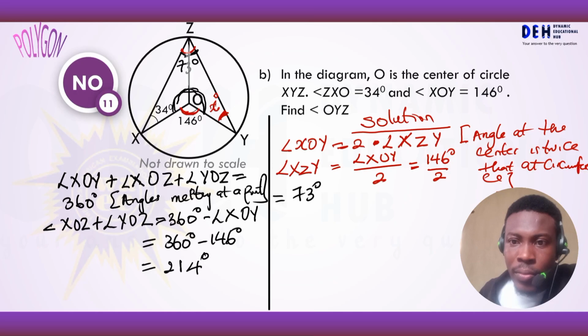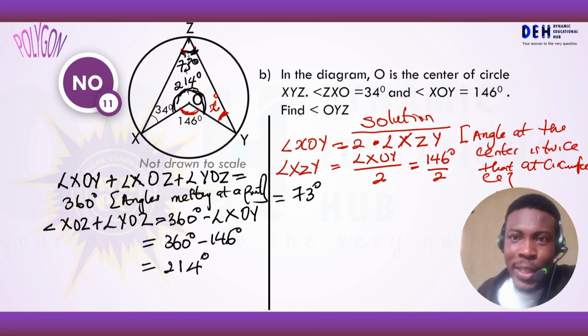I've cleaned the line. Okay, so we have an angle here which is 73 degrees, we have an angle here which is 214 degrees, and we have x here.